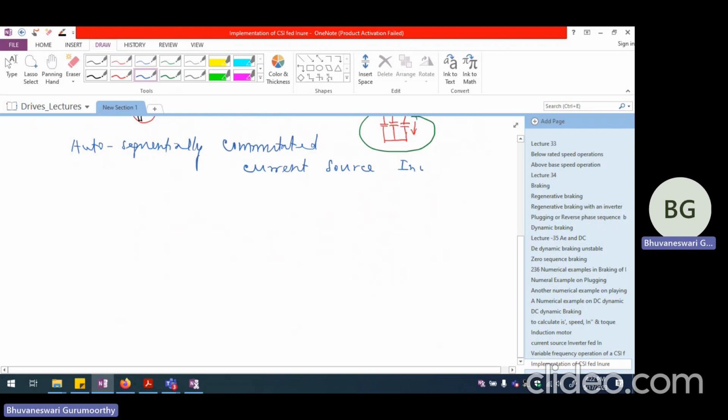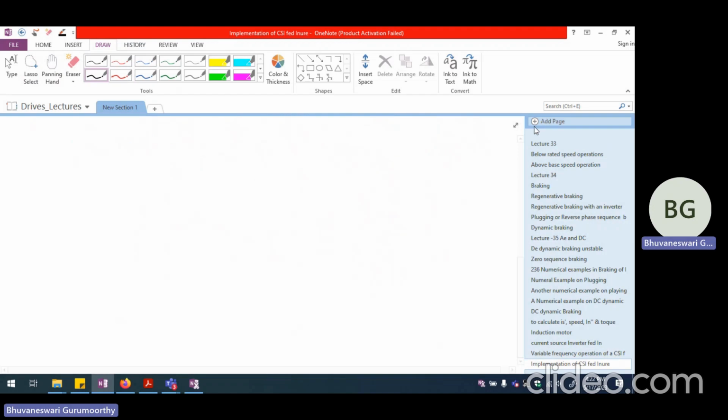So the auto sequentially commutated current source inverter is very commonly used as an inverter circuit whenever we are talking about a CSI fed drive. The circuit is somewhat like this. Let me draw the circuit clearly.